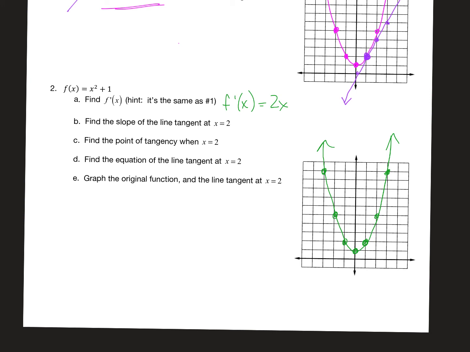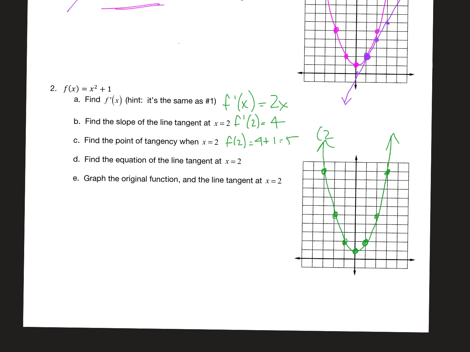Now here, for B, find the slope of the line tangent at x equals 2. If you want the slope of the line tangent, you need to plug that x value into the derivative. Next, find the point of tangency. Point of tangency you get from the original function. 4 plus 1, so that's 5.